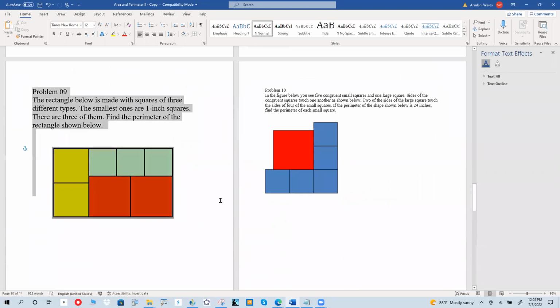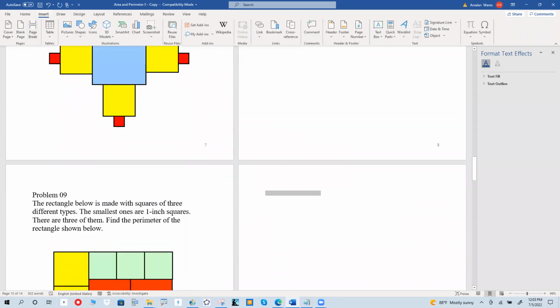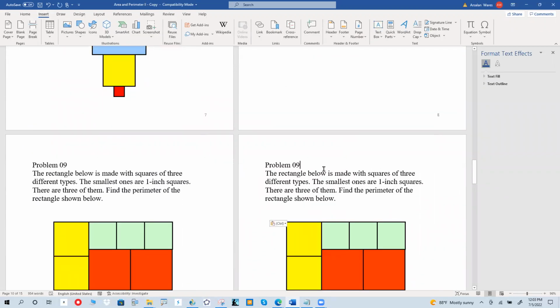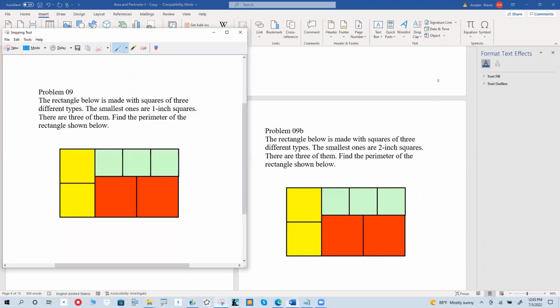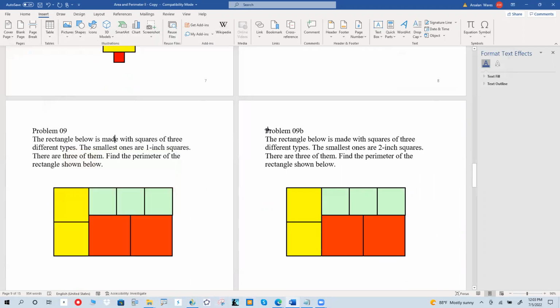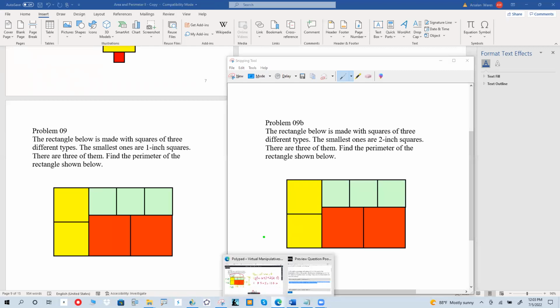I'm going to call it 9B. And I'm going to change it like this. You don't have to know why I'm doing it like this, but here's my new problem. And we're going to go here.